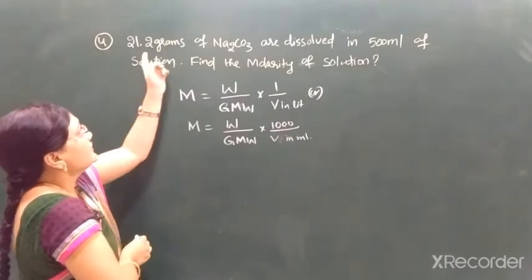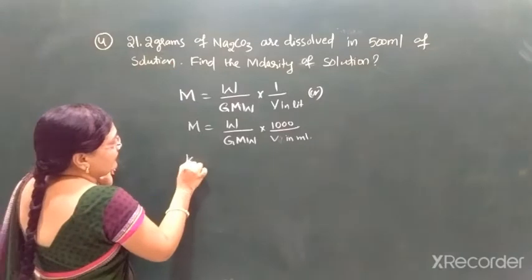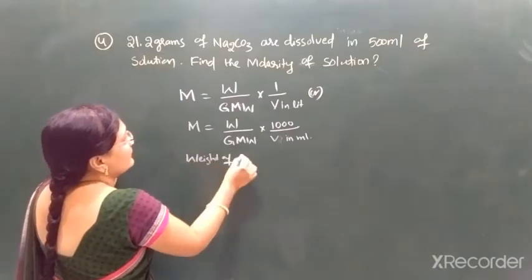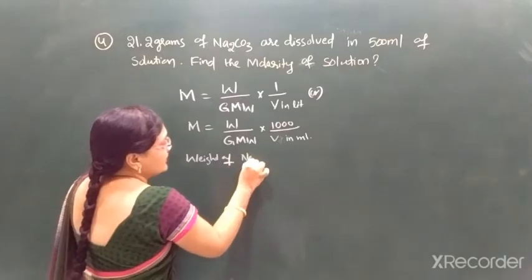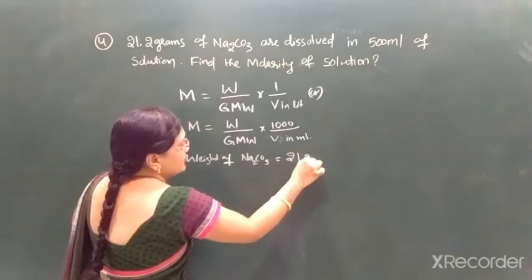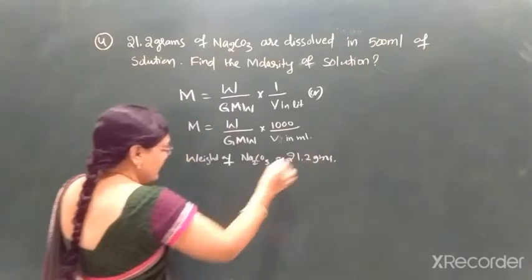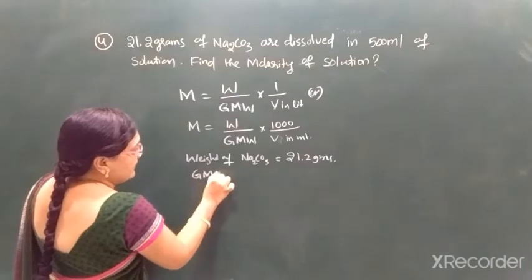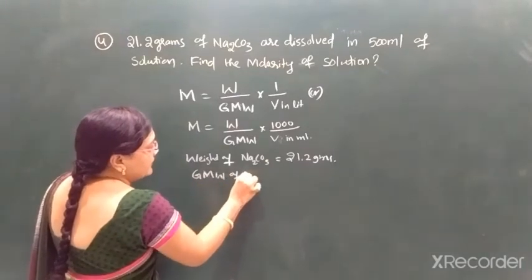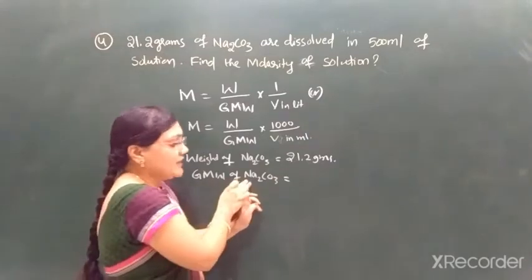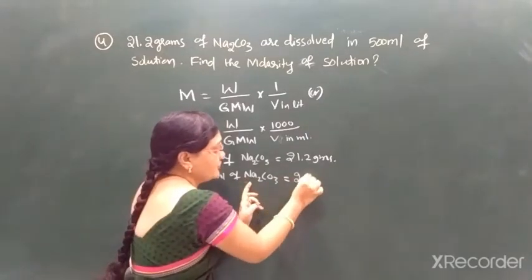Then the weight of the Na2CO3, sodium carbonate, is 21.2 grams. And the gram molecular weight, GMW, of Na2CO3: how many sodiums here? 2.